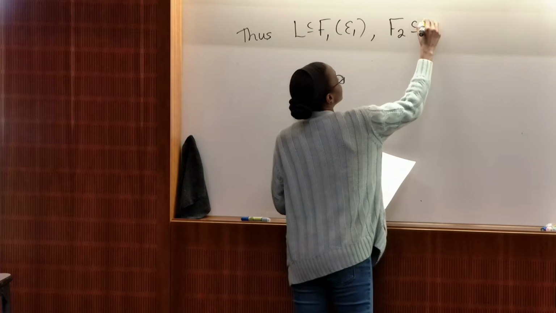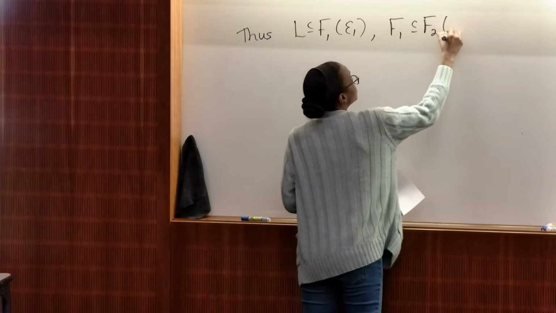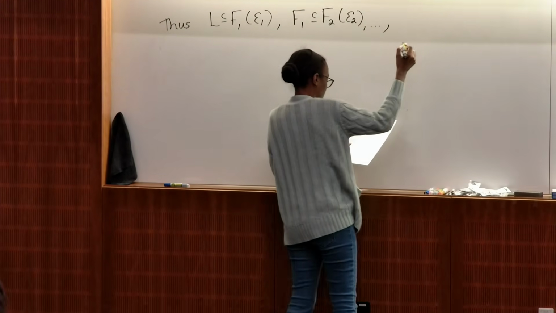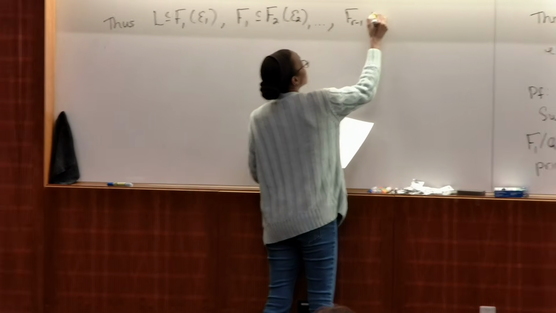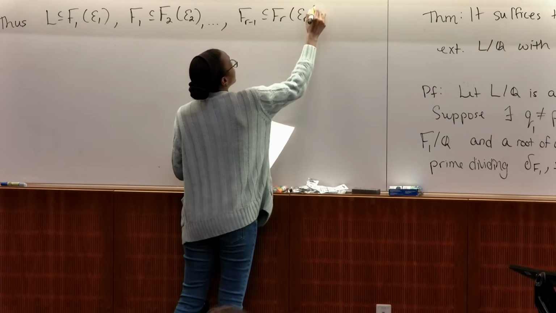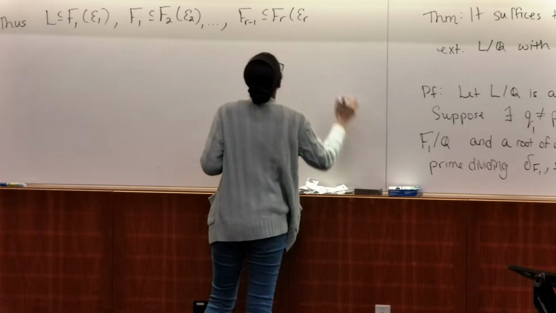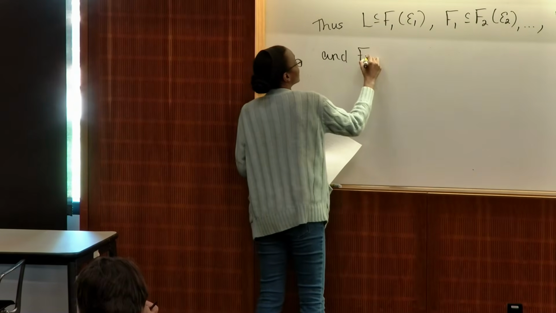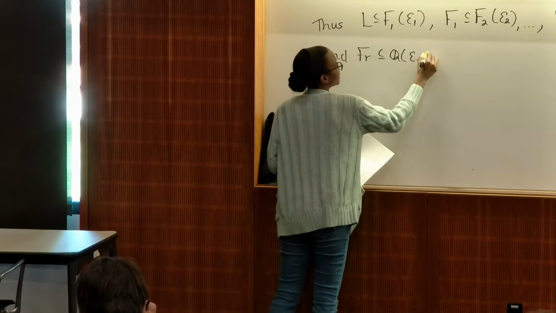F1 is contained in F2 adjoin a root of unity. And we've just kept going so that I have some field F sub r minus 1 contained in FR adjoin a root of unity. Oops, wrong index. And finally, FR is contained in an honest to goodness cyclotomic extension.